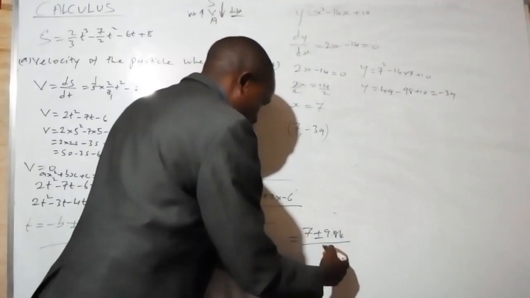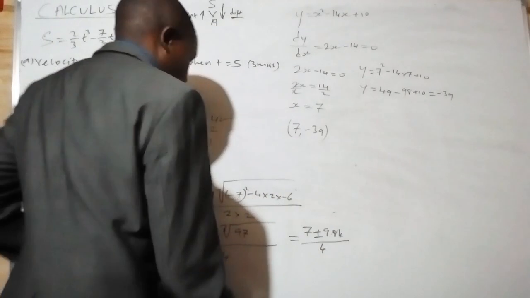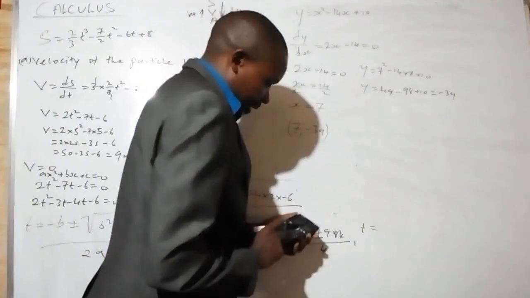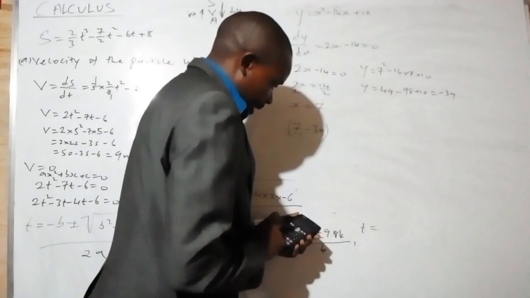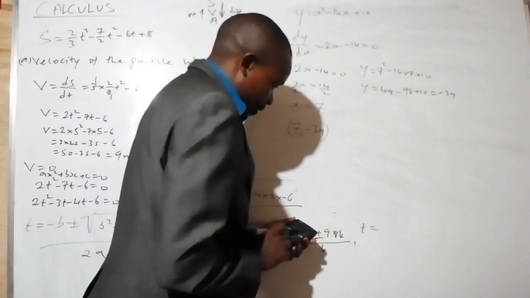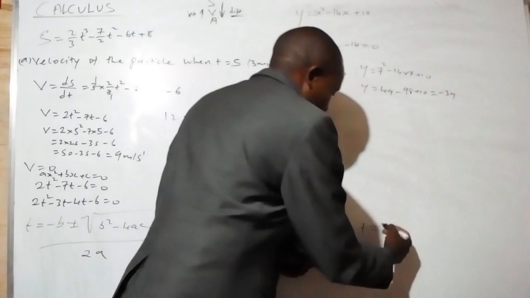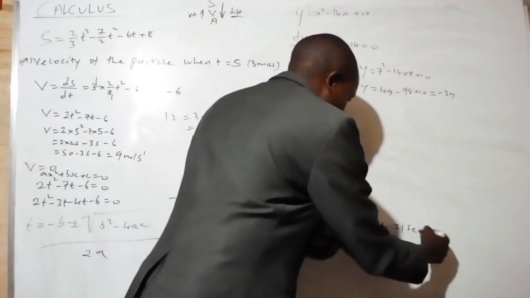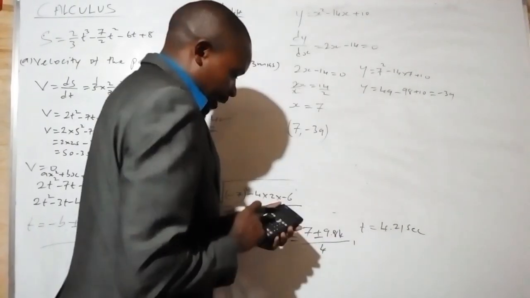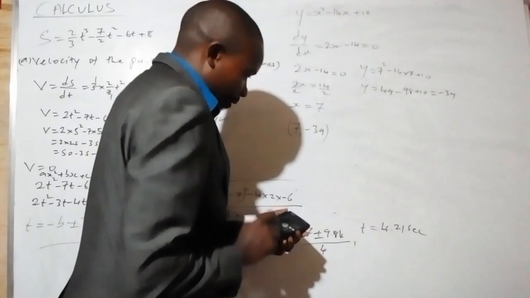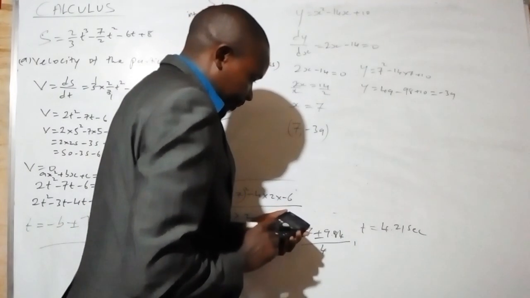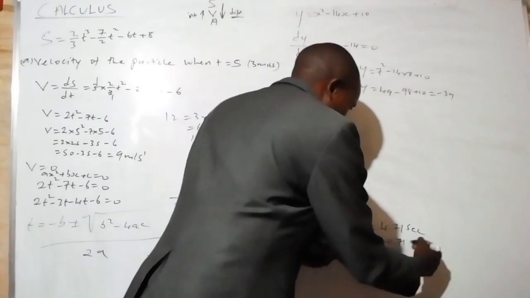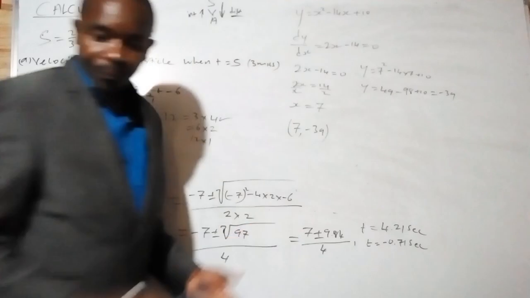One of the values of t will be 7 plus 9.8, you divide by 4, there will be 4.21 seconds. The other one will be 7 minus 9.84, you divide by 4 to get negative 0.71 seconds. That's how you are supposed to handle it.